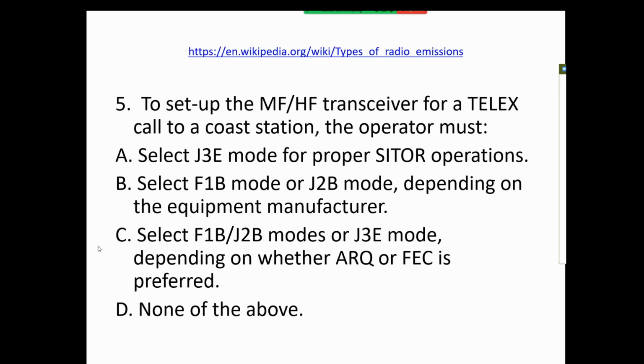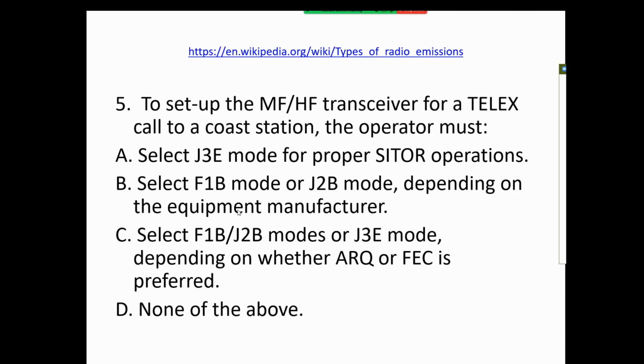How about C? Select F1B, J2B modes, which so far is kind of part of B, or J3E mode, which is kind of part of A, depending on whether ARQ or FEC is preferred. Now, are those just words thrown out there to distract us? It might work. People may be distracted by that, or none of the above. So far, I've seen that none of the above doesn't really apply to any of these answers. All right, so we're going to set up our transceiver for a telex call.